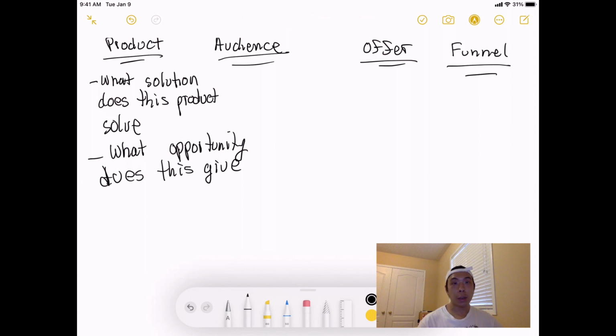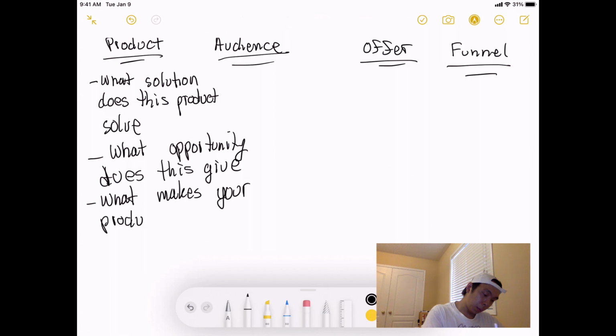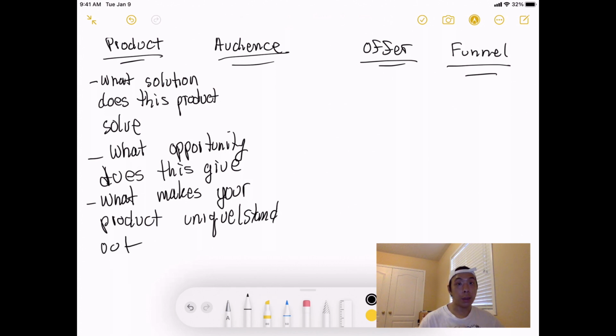That's a really good question, and it comes down to this: what really makes your product unique, that really stands out, that makes people want to be interested in it?